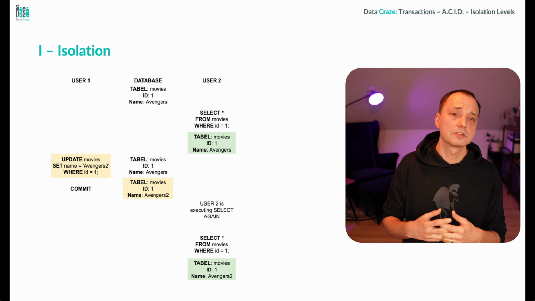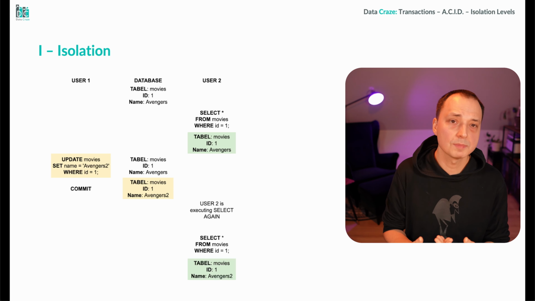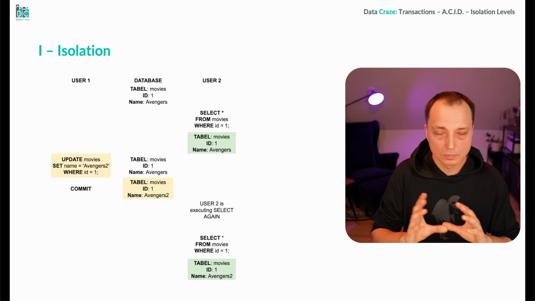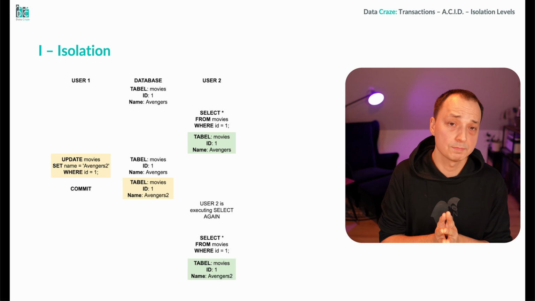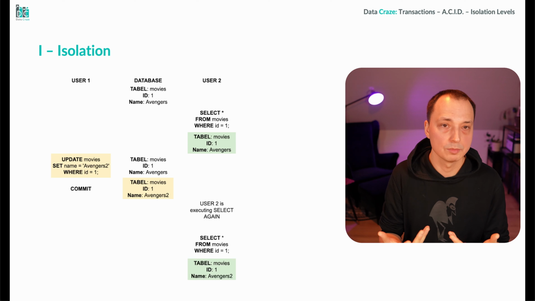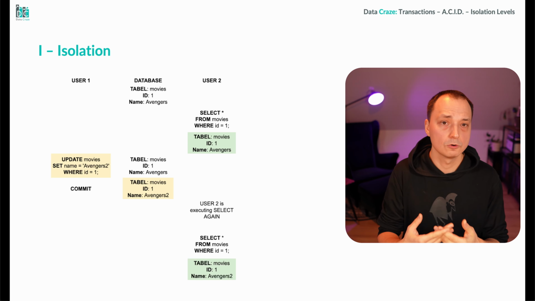Now, isolation. What is isolation? It means that two or many different transactions, especially when they are working on a single object like a single table, are not affecting one another.